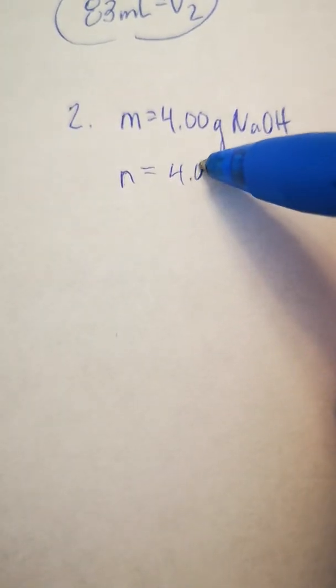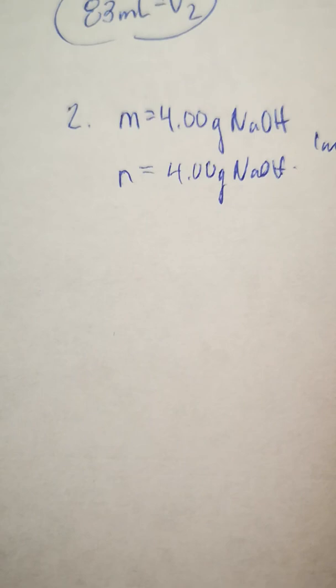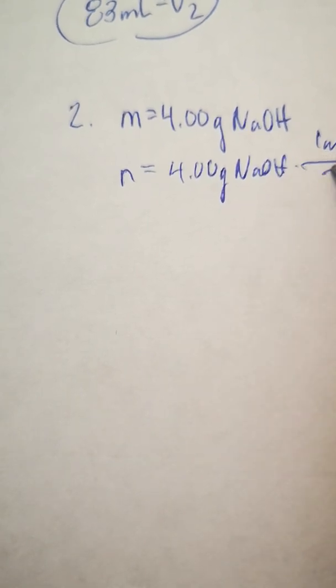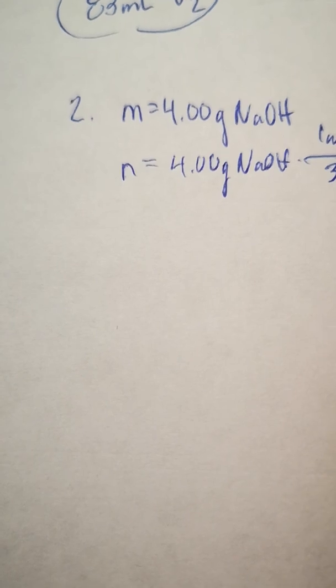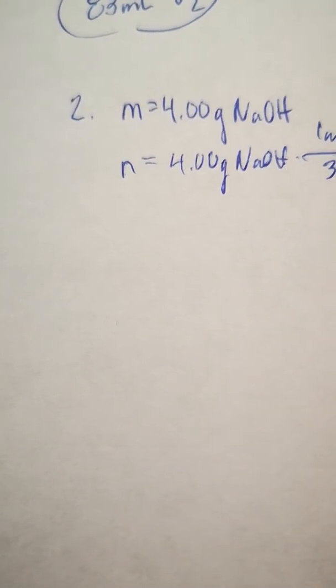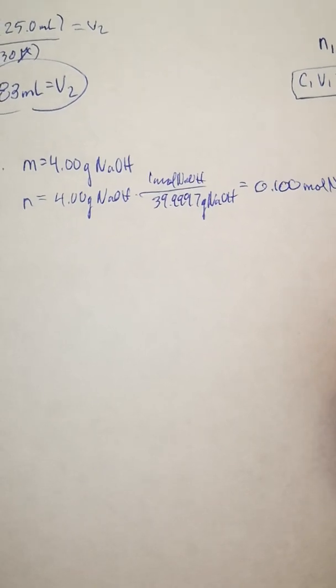So we have our mass is 4.00 grams of sodium hydroxide. Our number of moles would be 0.1 moles.